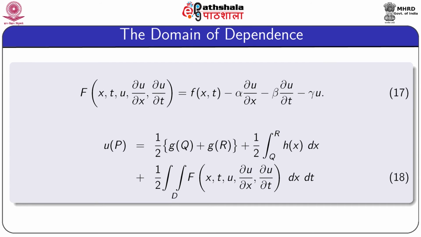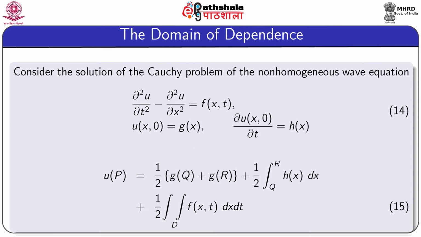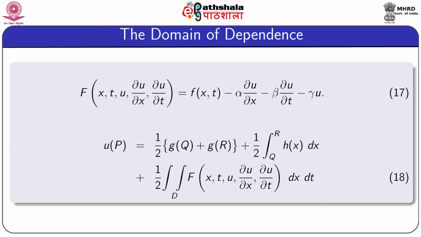So, the solution for this equation, or equation 1, can be written as u at P equals half of g(Q) plus g(R), and so on. The solution is the same as solution 15, only small f will be replaced by the function capital F. So, the solution of 1 is given in equation number 18.